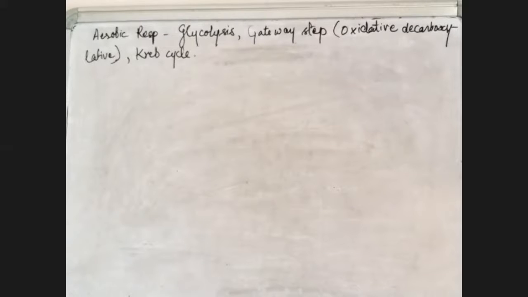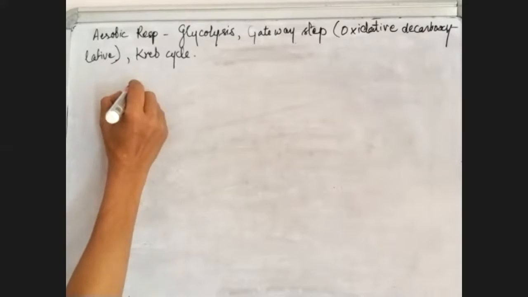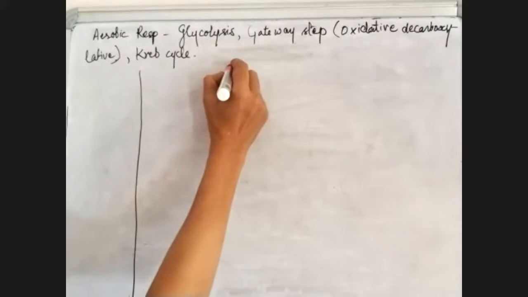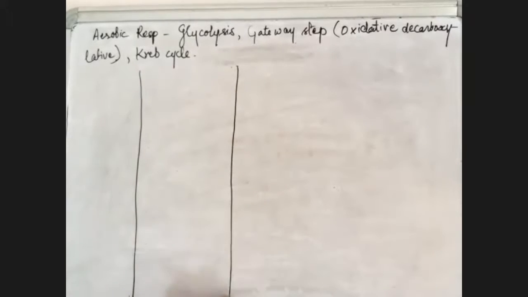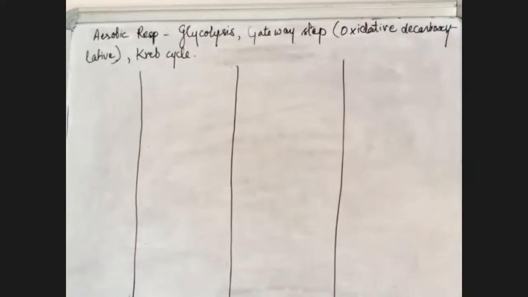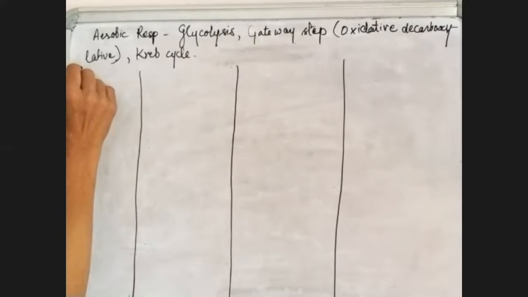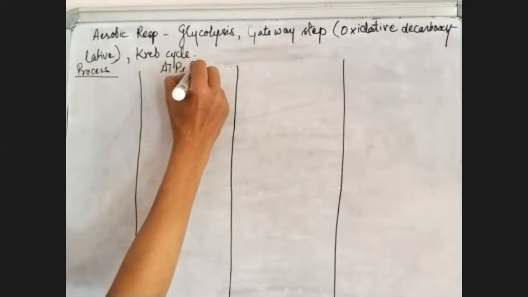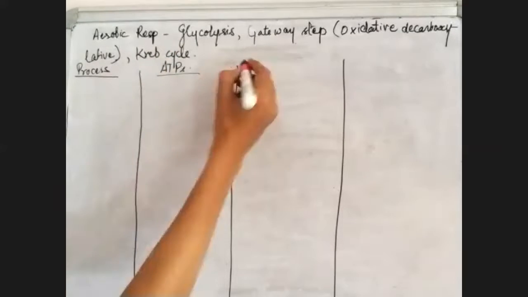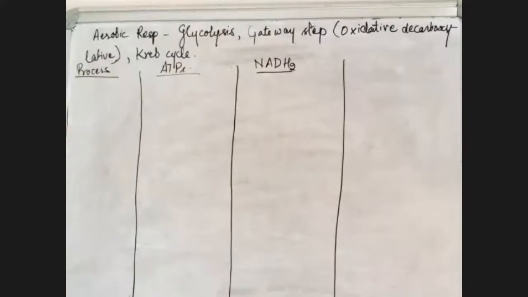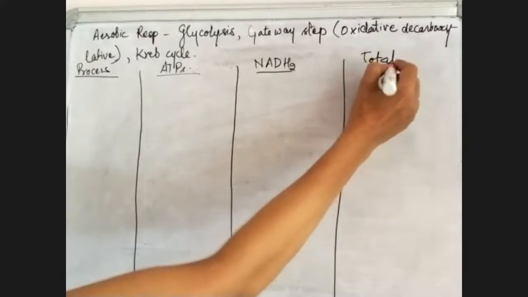In the first column I'll write the processes, in the second the number of ATPs produced, in the third the number of NADH2 produced, and in the fourth the total. So here I'm writing process, here ATP produced, here NADH2 produced, and here total, the gross production of ATPs.